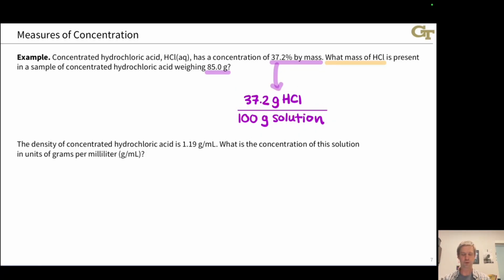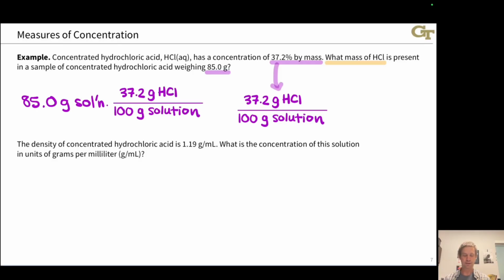So if I want to answer the question, how many grams of HCl are there in 85 grams of the solution, which I'm going to abbreviate here as SOL for solution, I can use this proportionality, and you can probably already see where this is going.